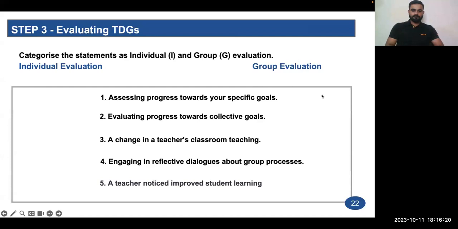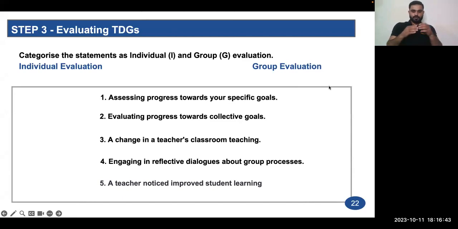Third one, change in teachers' classroom teaching. Nice. G. Fourth one, engaging in reflective dialogues about group process. Fourth one. Group.